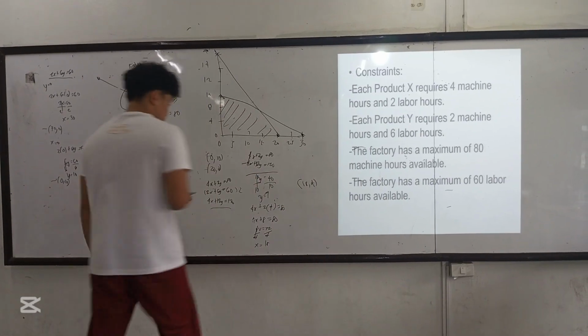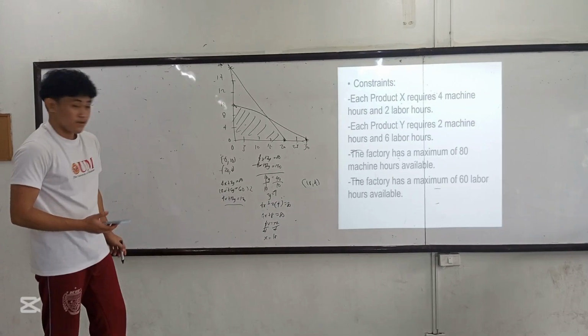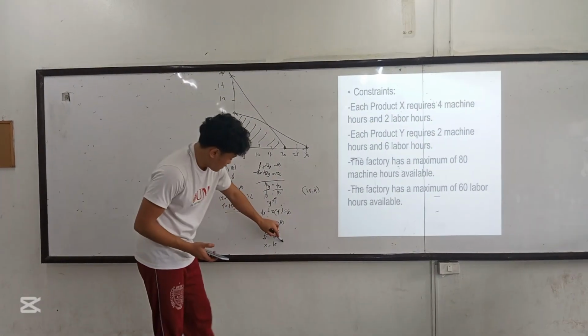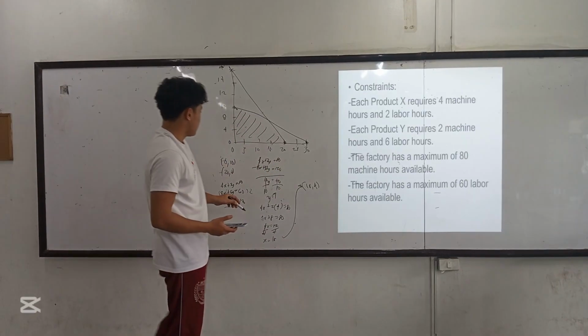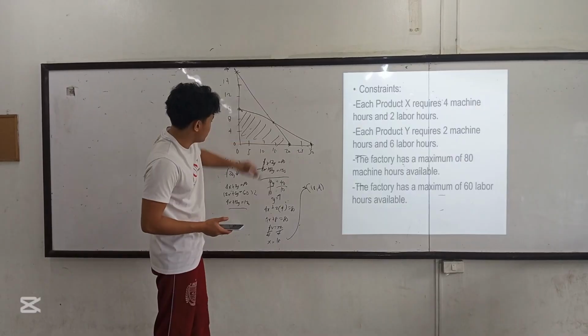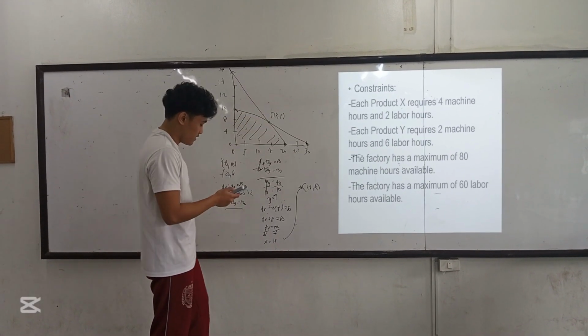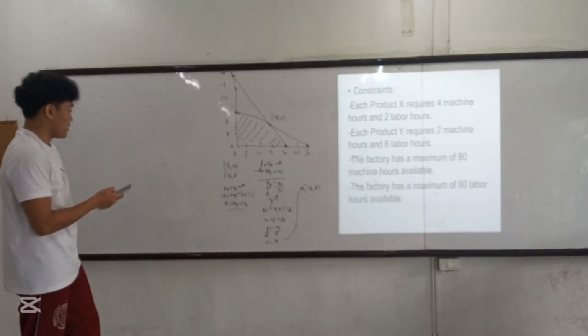The next is let's calculate the coordinates of the decision points. So we find out the decision point is here, the value is 18 and 4 for the second.